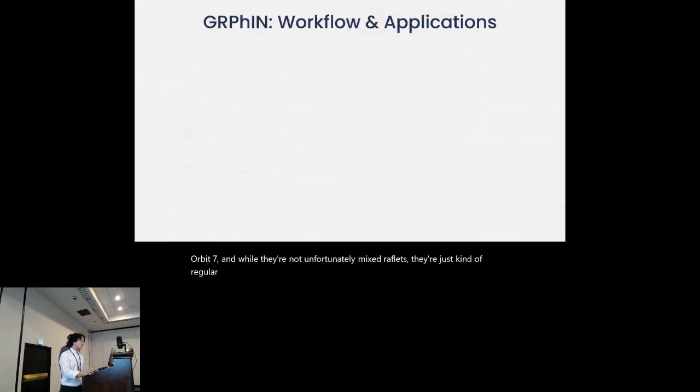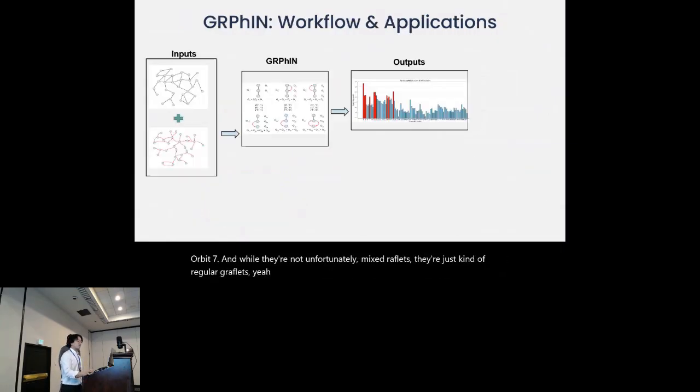And so GRPhIN is available through our repository. And this is a general workflow system. While we focus on PPI and GRNs as the inputs for the undirected network and the directed network, we hope that this can be applied to other areas of science. It is able to enumerate all 2 to 3 node graphlets and generate an output file so that you can do more post-process analysis, similar to what Orca does.